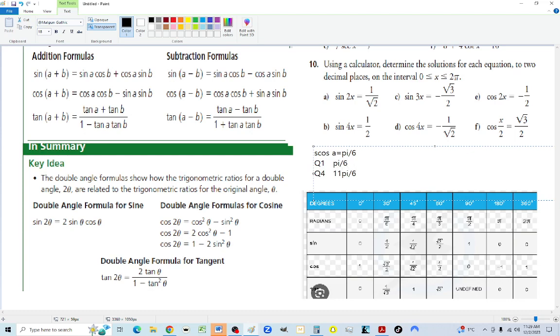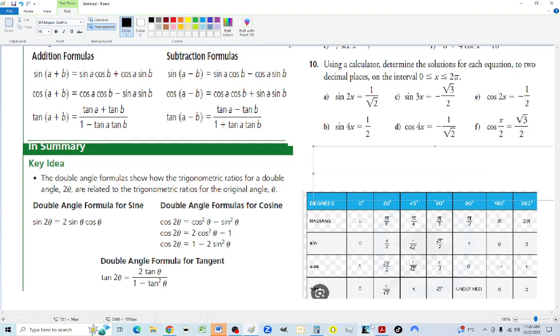Which means x over 2 is equal to pi over 6, which means x is equal to 2 pi over 6, which means x is equal to pi over 3. X over 2 is equal to 11 pi over 6, which means x is equal to 22 pi over 6, which means x is equal to 11 pi over 3. And those will all fit.